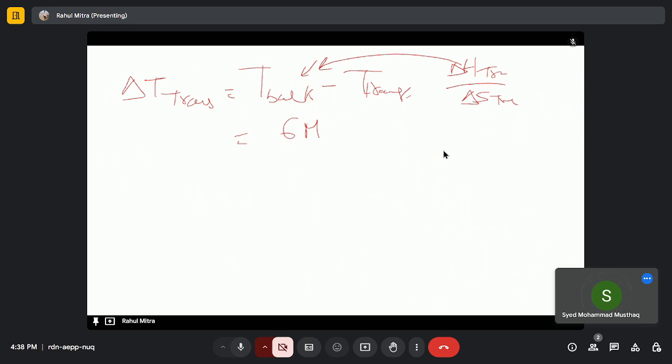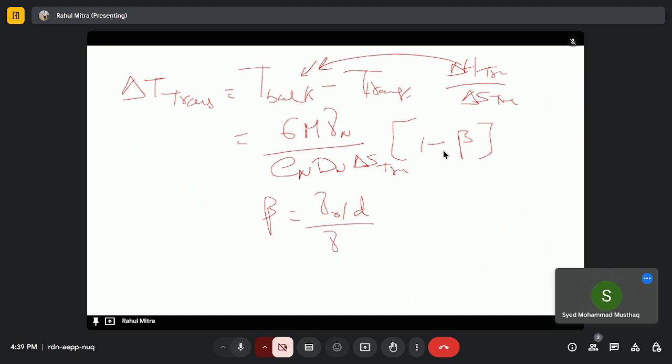So we have 6m times radius of surface energy. Let me write it here. Surface energy new divided by rho new times diameter new into delta S transition times 1 minus beta, and we know what beta is. Beta is gamma old divided by gamma new times density of new by density of old, which is 1 to 2.